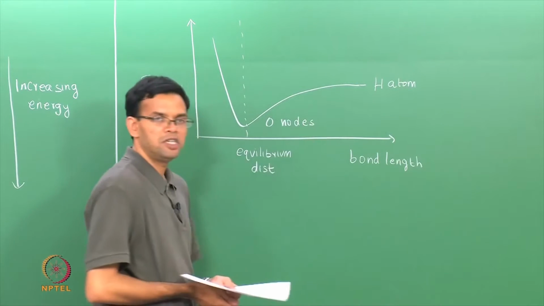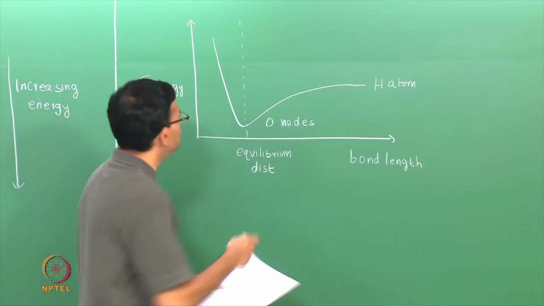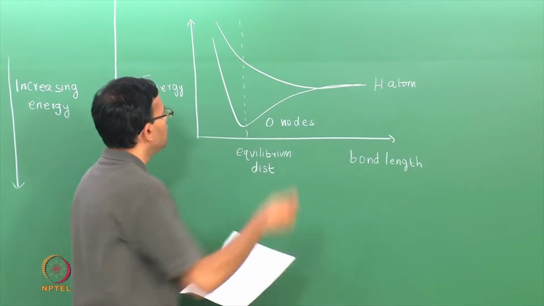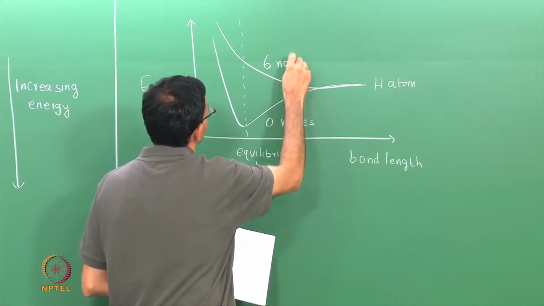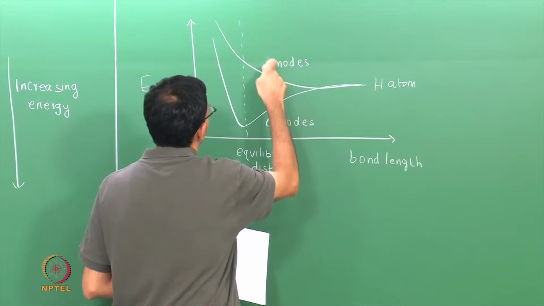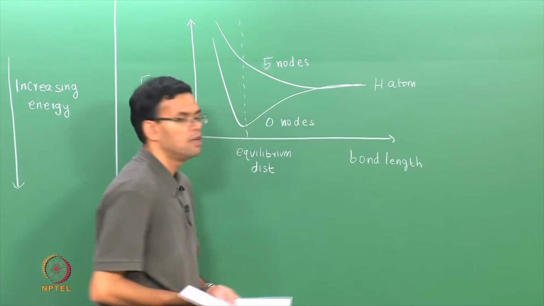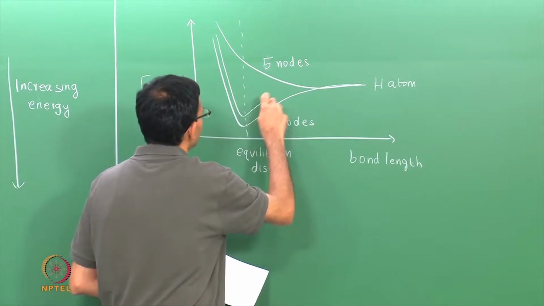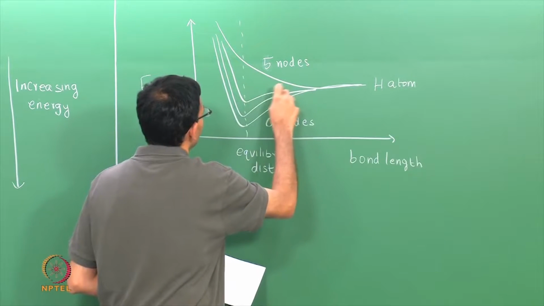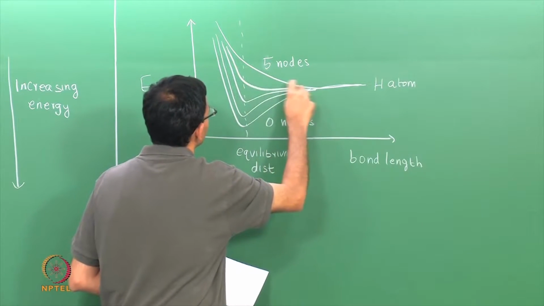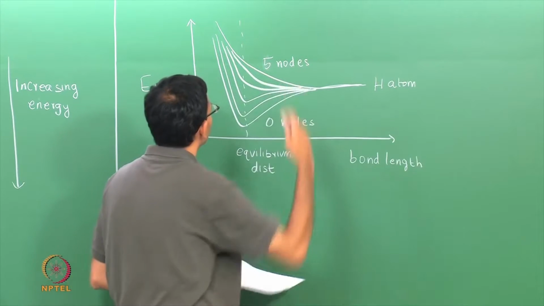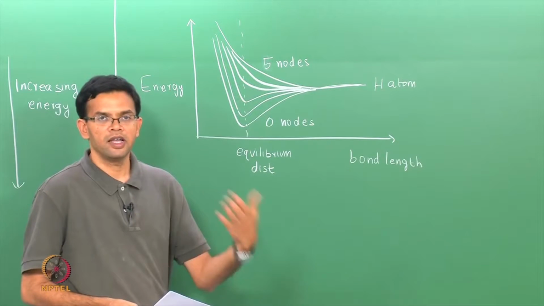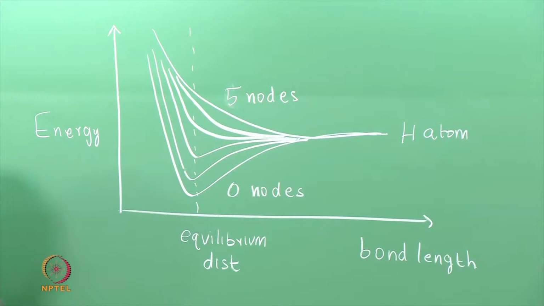The highest energy will be the one with 6 nodes, with 5 nodes, the last one, and everything else will come in between. So, 1 node, and then 2 nodes, 3, 4 and 5. So, we essentially have 6 curves and they go again in order of increasing energy.